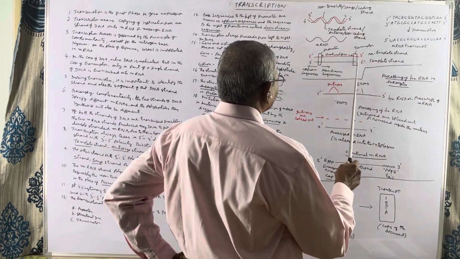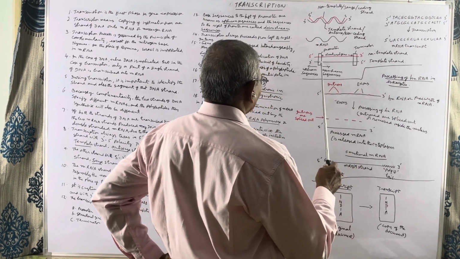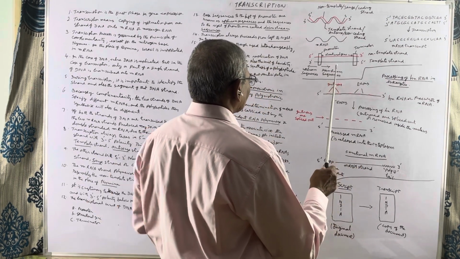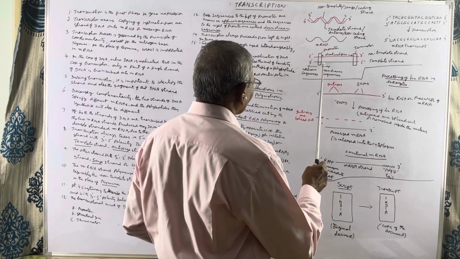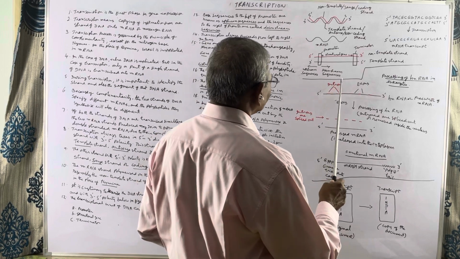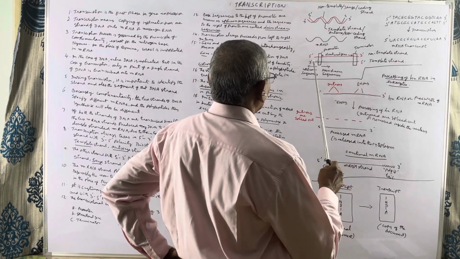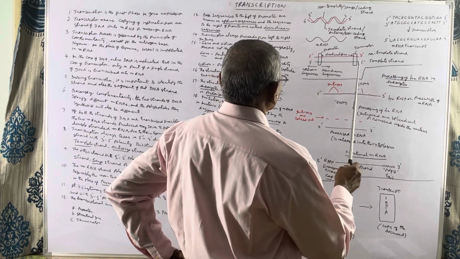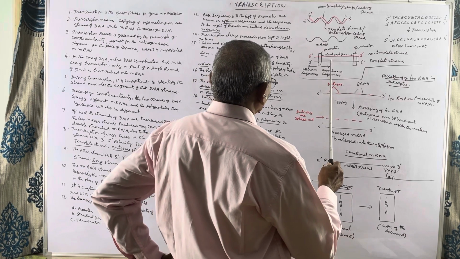Similarly, the base sequences present after the terminator are known as downstream sequences. So, these are the upstream sequences, these are the downstream sequences. Then this is the strand with 5-3 polarity, and this is the one with 3-5 polarity. Always transcription takes place on this strand with 3-5 polarity.